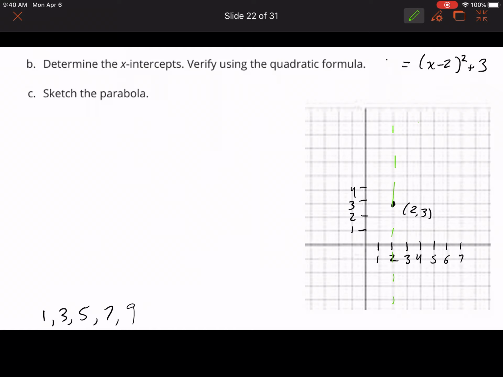Axis of symmetry, x equals 2. And again, over 1, up 1, over 1, up 3, over 1, up 5. And we've got a nice smooth parabola going there.